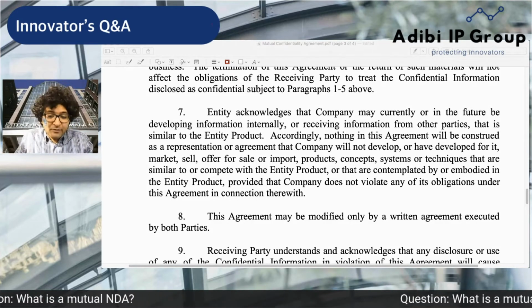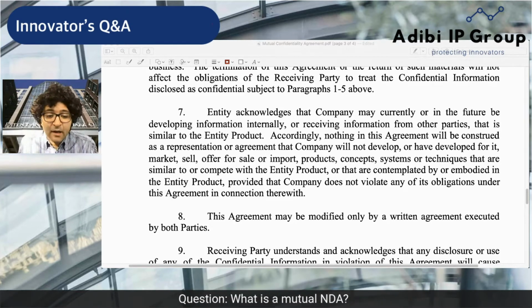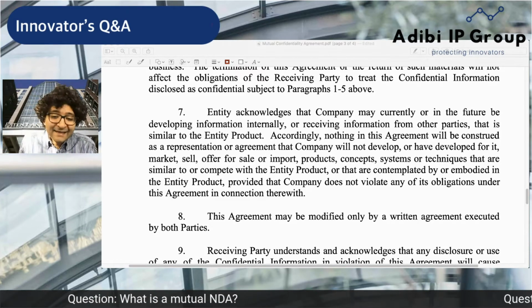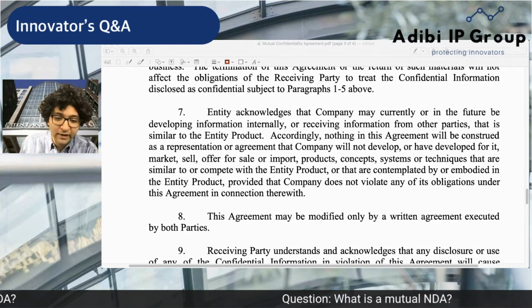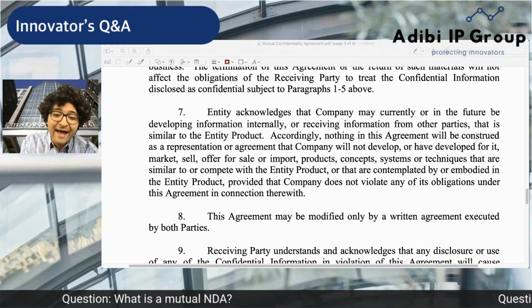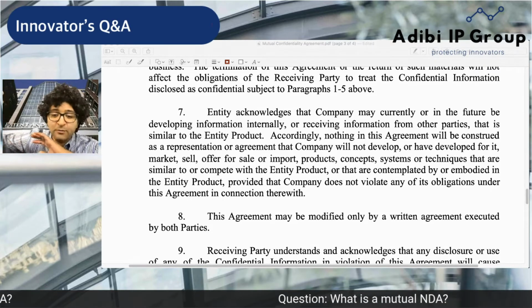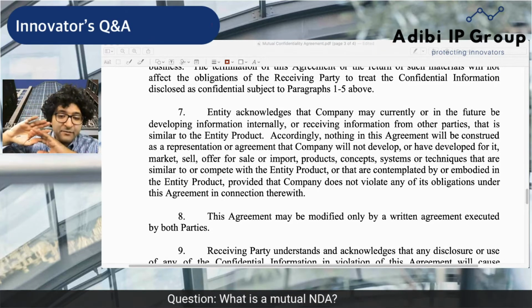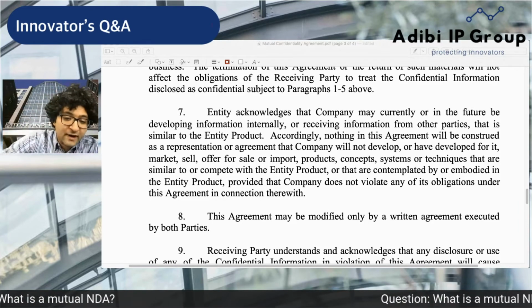But it wouldn't be fair to hold Victoria accountable for that, because this is a third party that possibly developed independently a material that's similar to mine. So we can't expect Victoria to treat that product as confidential information under this agreement, right? Because that's a third party that developed it independently of me, and independently of the information that I am going to be providing to Victoria.